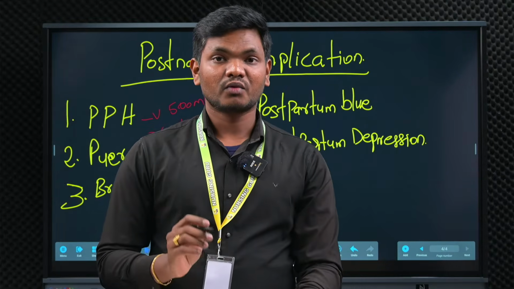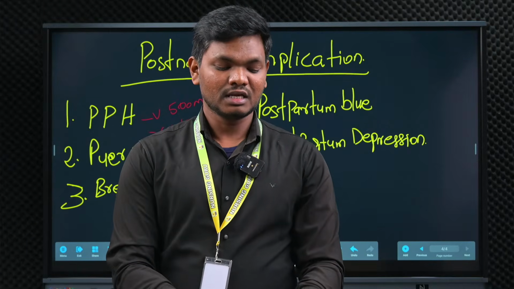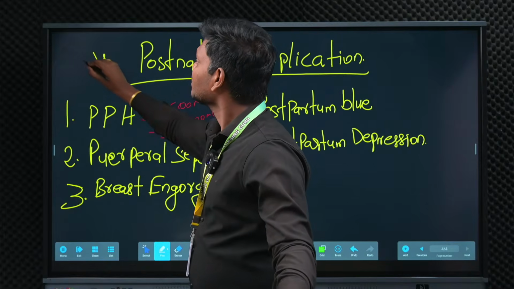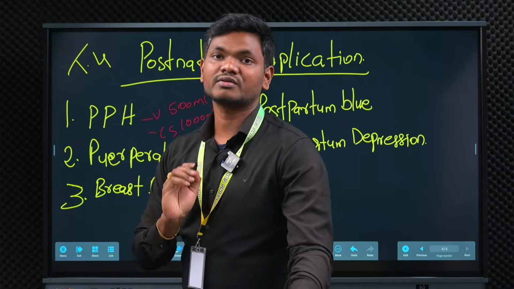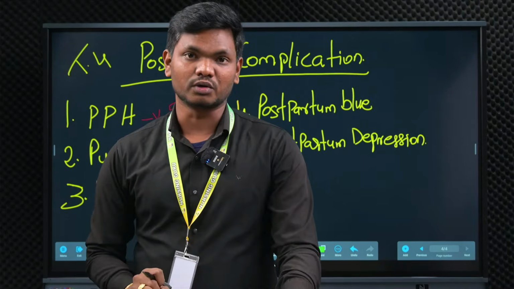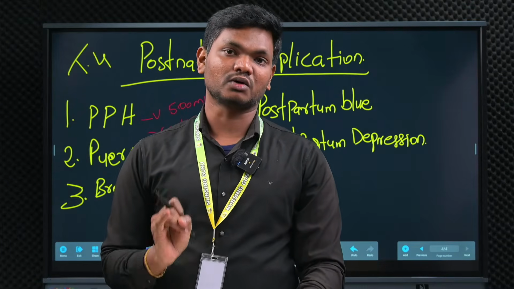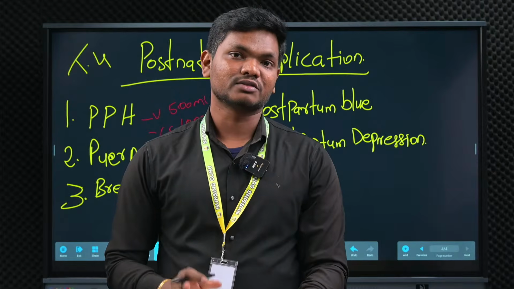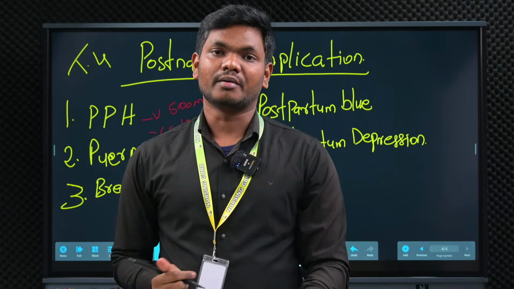Then what are the causes of PPH? To make it easy to understand, we tell the 4Ts. What do the 4Ts refer to? Tone, that is uterine tone. The uterus does not contract properly, so that may lead to PPH.